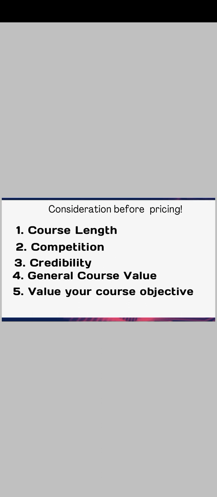This is an important pillar to consider before pricing. You cannot spend 20,000 naira in launching a course, and then you want to make it premium. Do you understand? The more you input into the course, the more you want to price your course. Do you see? So this is quite important.